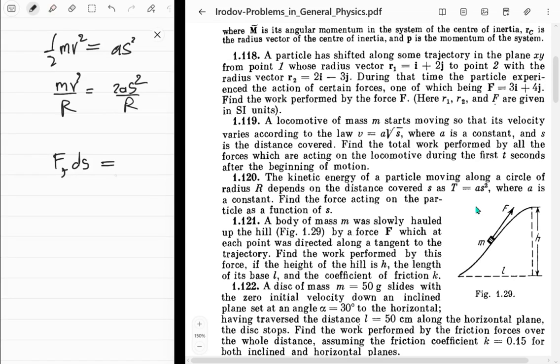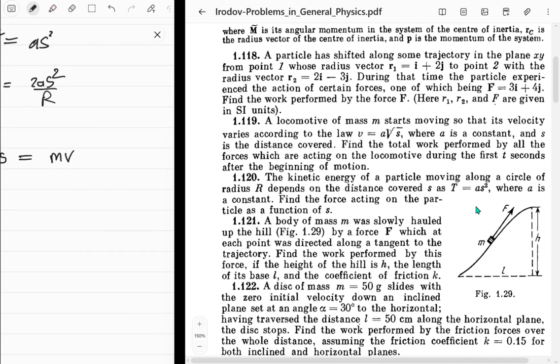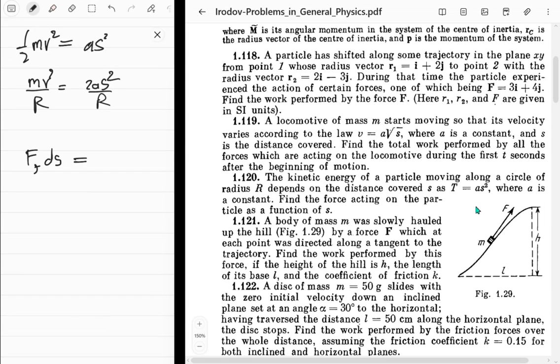So that will just be equal to half mv squared, derivative of that thing. So mv dv upon... wait, what? Oh, yeah, like an element of work done basically. That's what we're looking for. Okay, so you can just go with partial derivative with respect to s.